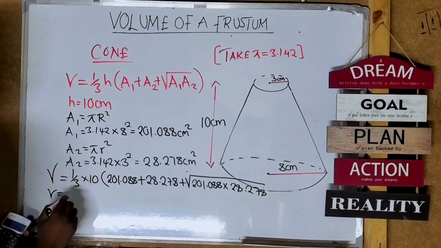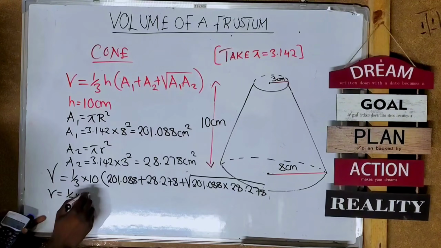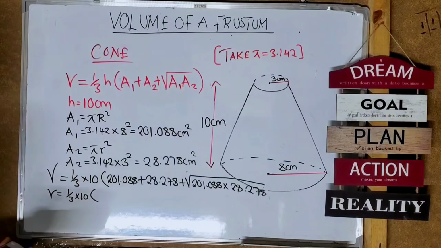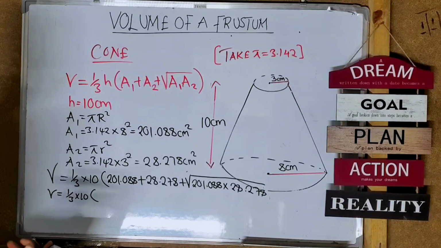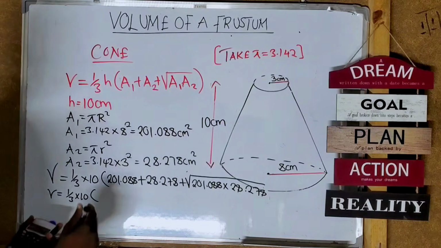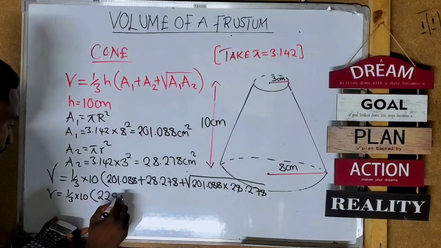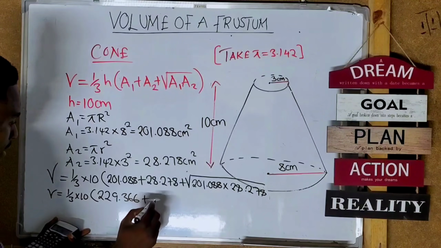Here we have 1/3 times 10, then 201.088 plus 28.278, which is giving me 229.366.